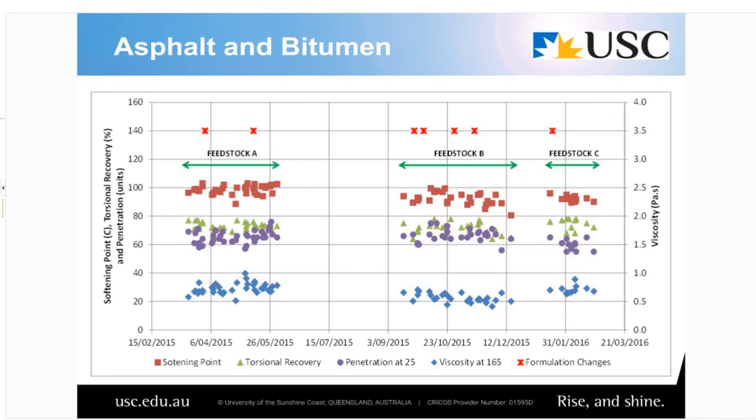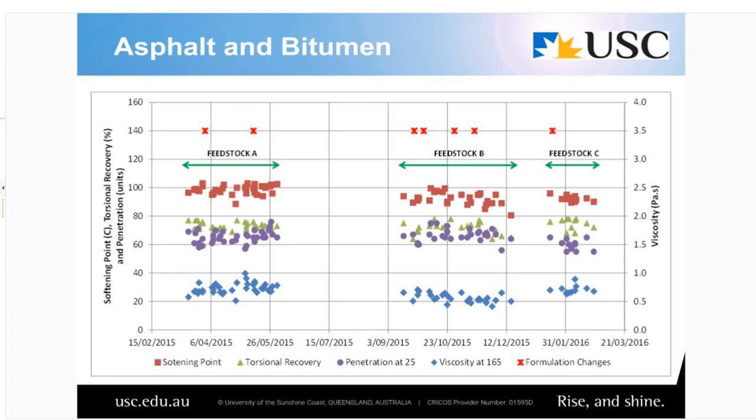This does a similar thing, and that's actually project data. Essentially, what that shows is that over a 12-month period as work progressed down a very long taxiway, with a couple of breaks for winter and Christmas and other things, the job received 3 different sources of base bitumen, and the red crosses show where the polymers that were added to that bitumen to produce the polymer modified binder changed 8 times over that period.